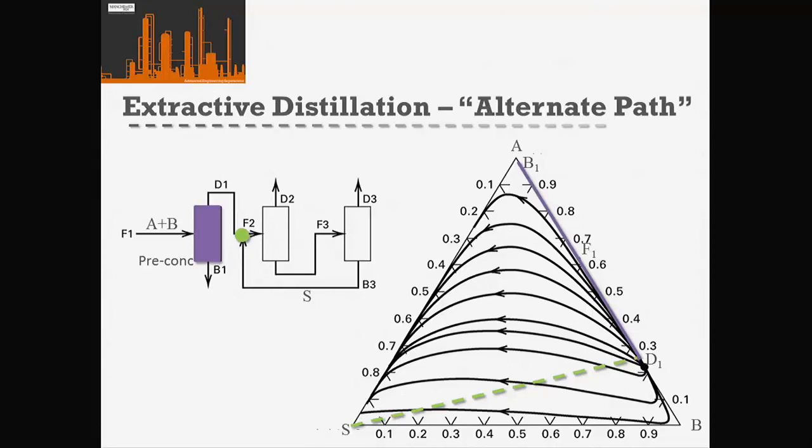So unless I just go down this line here, which essentially means that I've added so much solvent into the system that it's pure solvent, okay? So you can't actually do a separation for this second distillation column and get A as our component, okay? So does that make sense, yeah? Based on, I can't draw a straight line on the same residue curve, yeah?